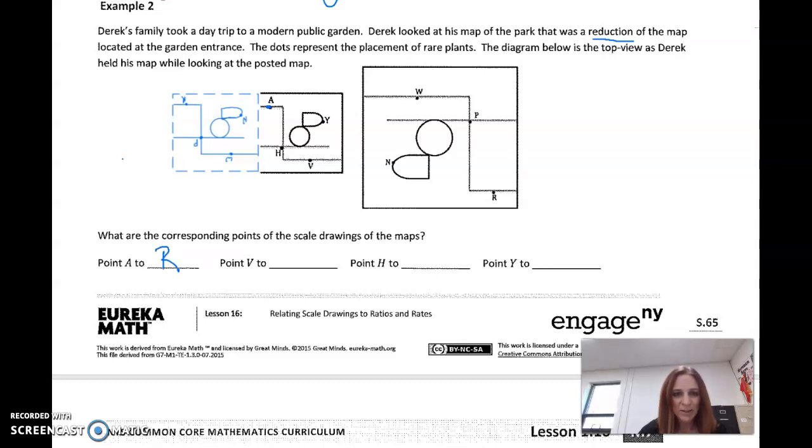Notice that matches up with point W. Point H is right here in the crossroad, so that's point P. And point Y, it's on the edge of this shape, that's going to be N. So again, don't overthink things, but what we're trying to understand is we can enlarge and we can reduce things, and what we're going to get into next is that being proportional. But even enlarging or reducing, we can still rotate and spin it. Kind of a real world example of how we use reductions and enlargements.